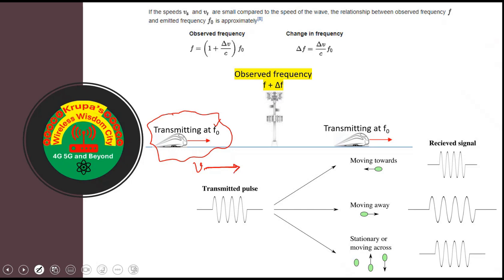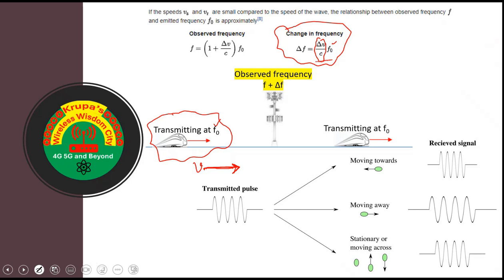My transmitting gNodeB is somewhere here, so when the UE is moving at this speed, the change in frequency from the original frequency f0 that you transmitted is equal to velocity divided by c, multiplied by f0. Here c is the velocity of light, and f0 is your transmission frequency.